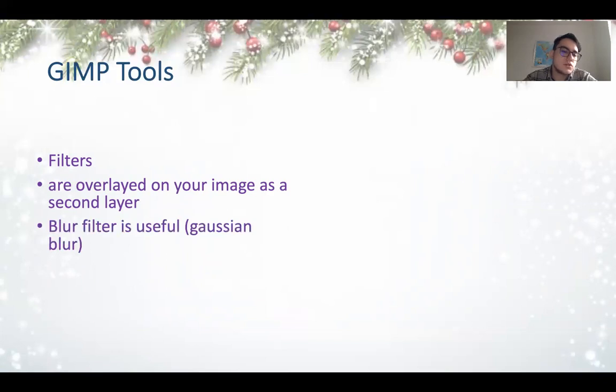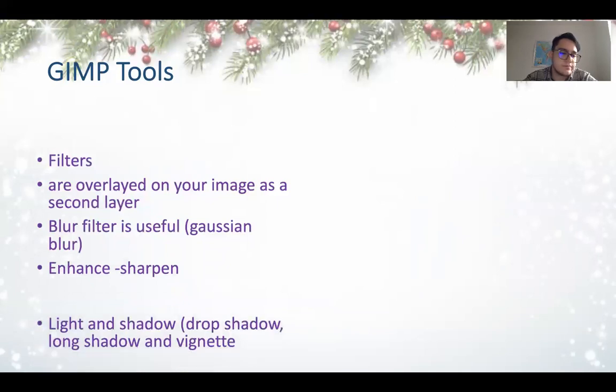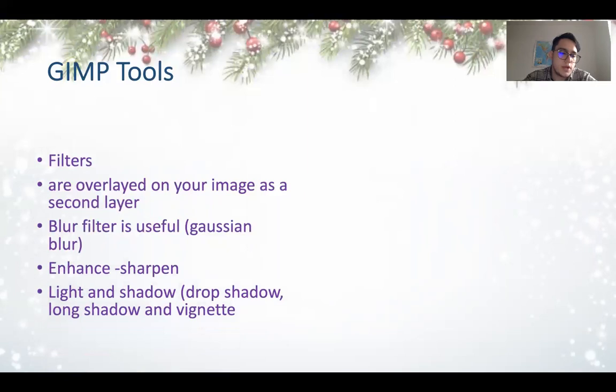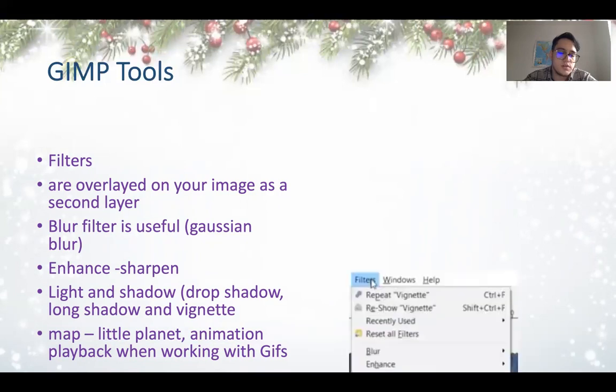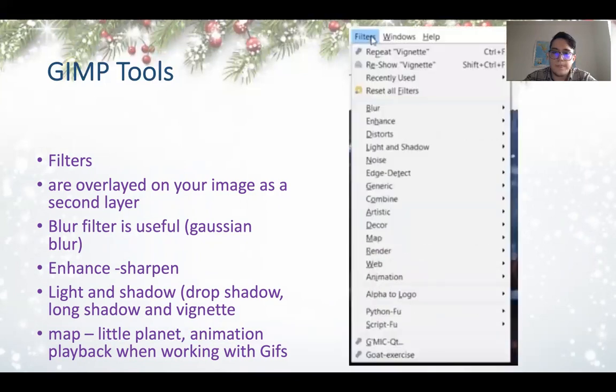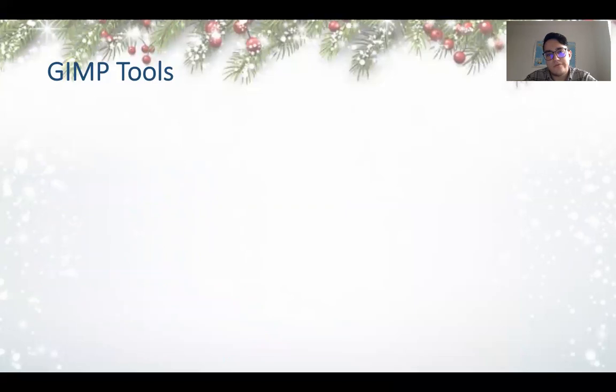Blur filters are useful, such as Gaussian blur, enhance and sharpen, light and shadow, drop shadow, long shadow, and vignette. Map, little planet, animation playback when working on GIFs. And on the right side, you can see the filter tab that is open and shows all the options that you have.